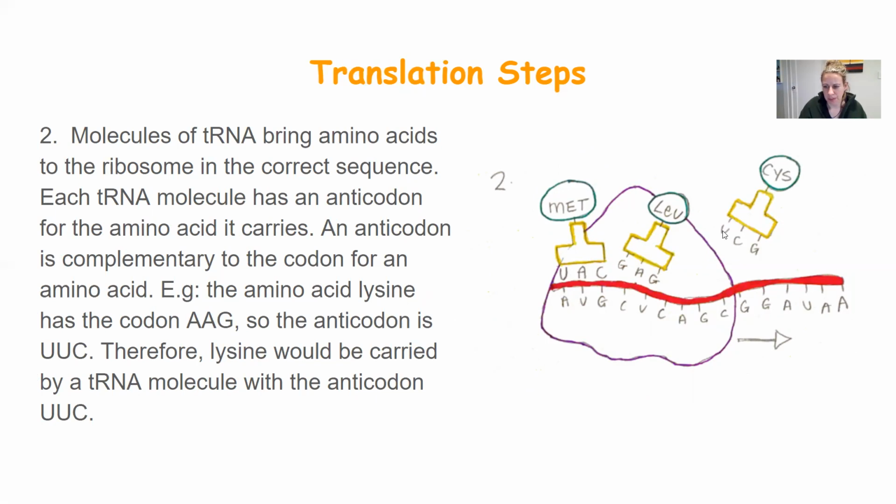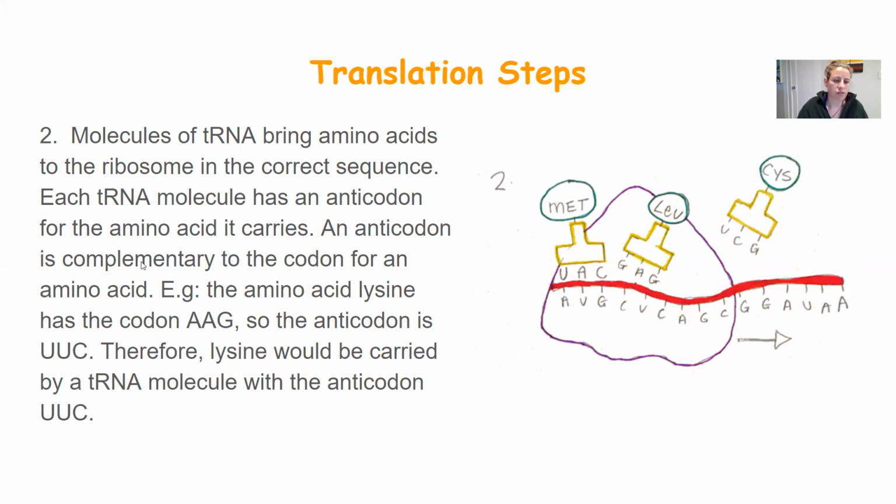So if we see here, this is the codon CUC, and the anticodon is GAG. So the tRNA will come in. The next codon is AGC, so the anticodon is UCG.